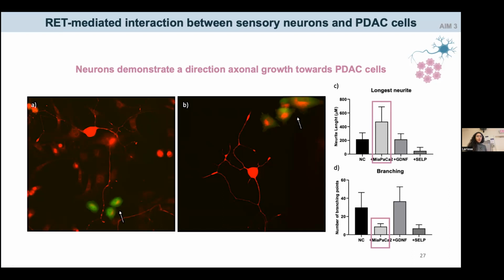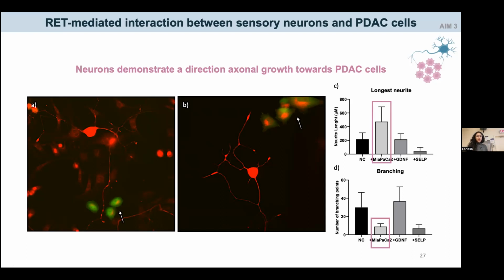These observations can suggest that the neurite outgrowth appeared to be more directed towards the MIA-PaCa cells, indicating a potential role of RET in mediating this directional response.